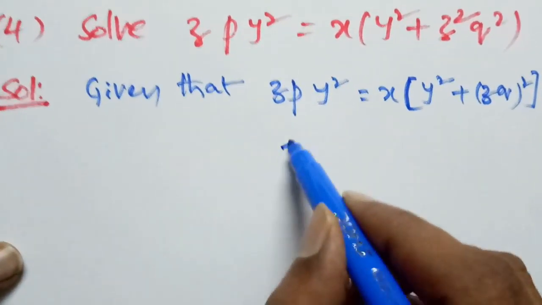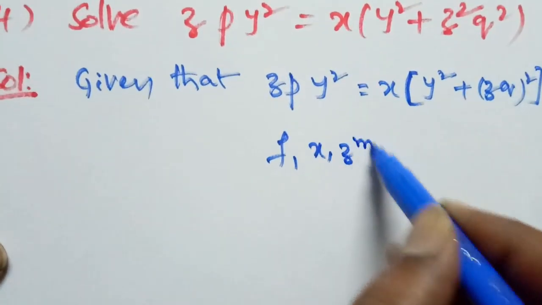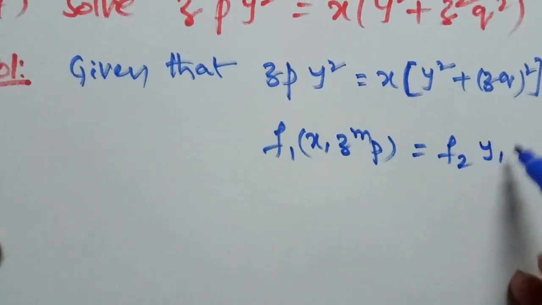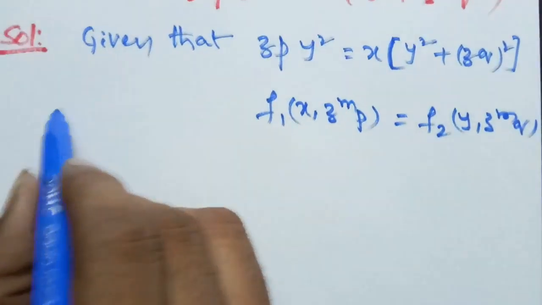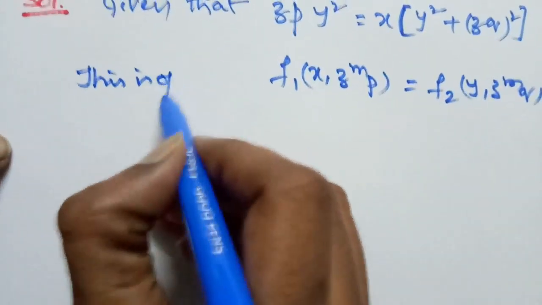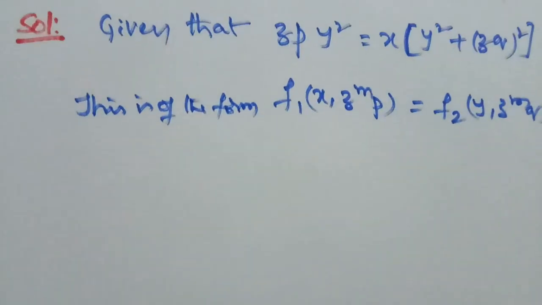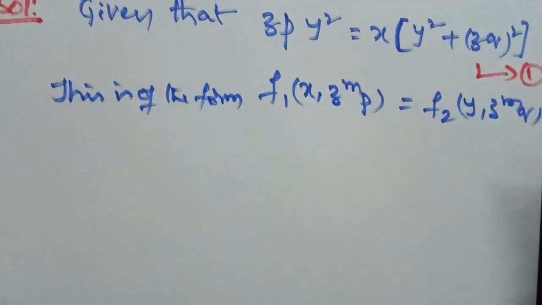This is of the form f1 of x comma z power m into p, f2 of y comma z power m into q. Therefore, this is type 6.